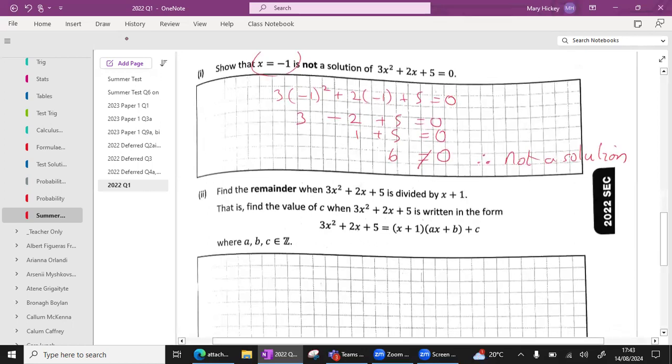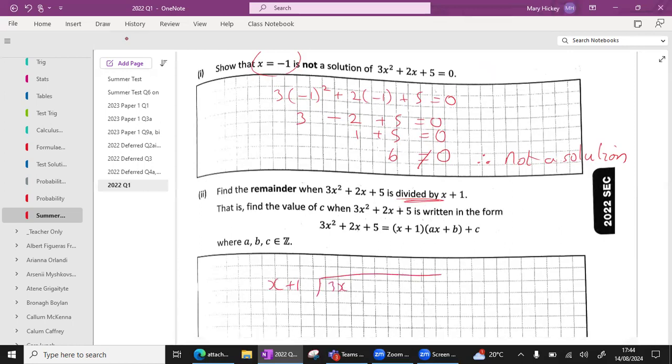Find the remainder when 3x squared plus 2x plus 5 is divided by x plus 1. That is, find the value of c when 3x squared plus 2x plus 5 is written in this form. They've probably confused the matter a little bit the way it's written, but essentially we're going to divide x plus 1 into the quadratic.